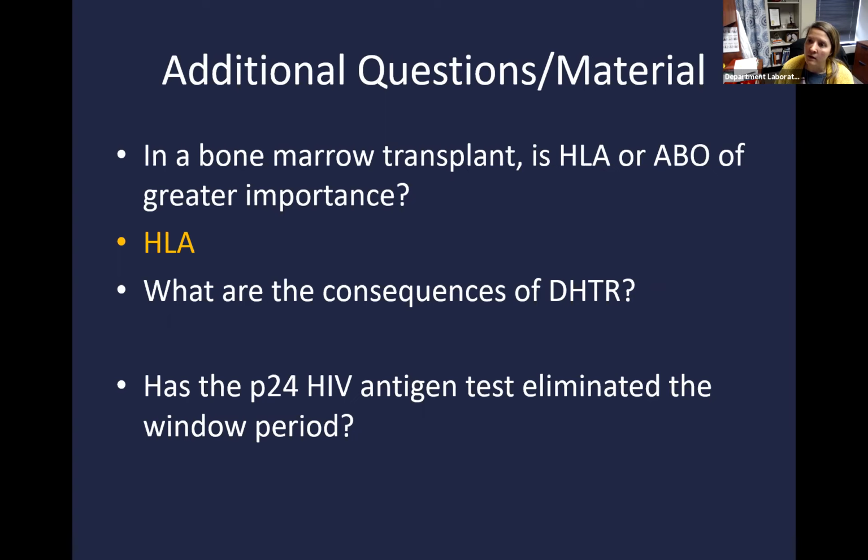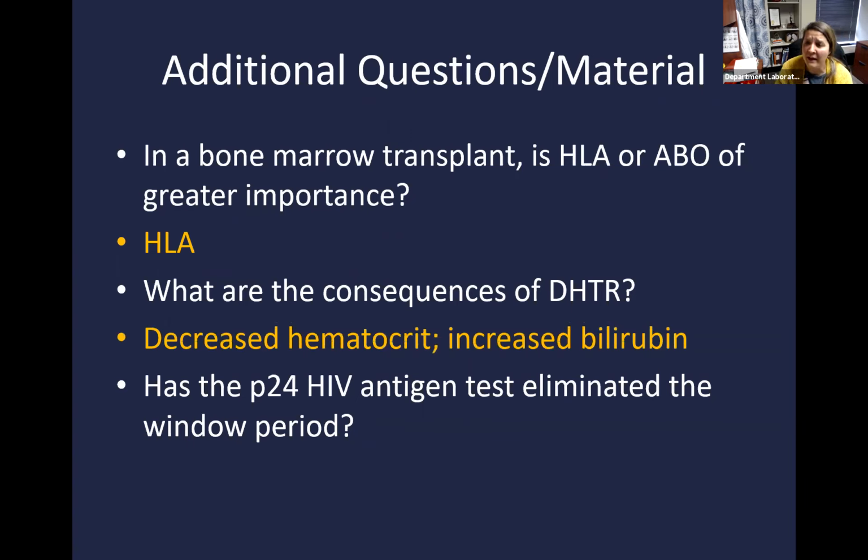And then the antibody-coated donor cells are going to be taken out by the patient's spleen. So that results in extravascular hemolysis. The patient will have a decreased hemoglobin, decreased hematocrit, symptoms of anemia. And because of that excess extravascular hemolysis, increased bilirubin as well as decreased haptoglobin.